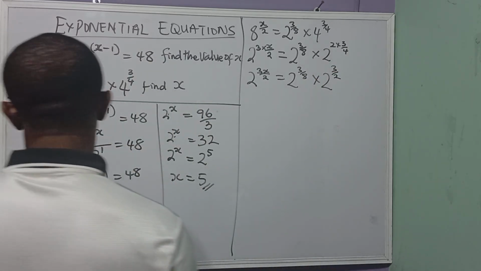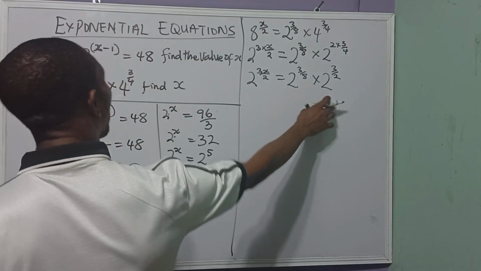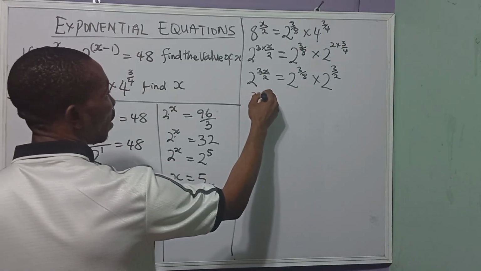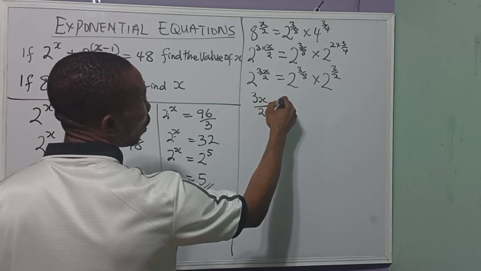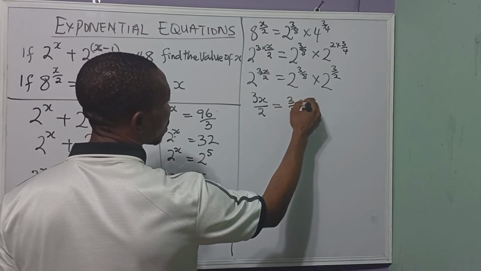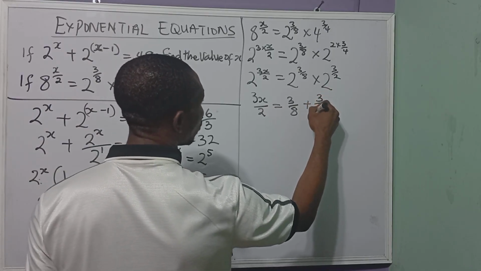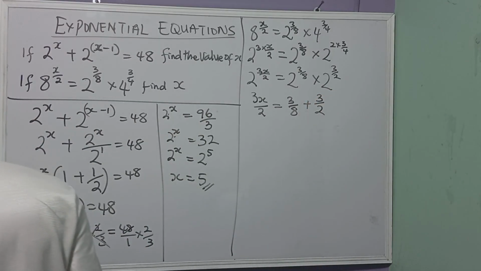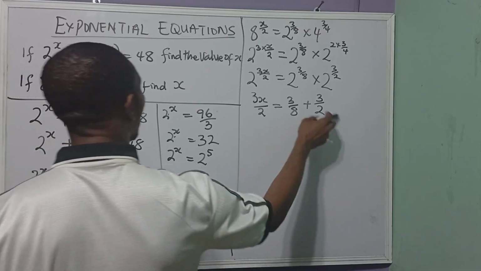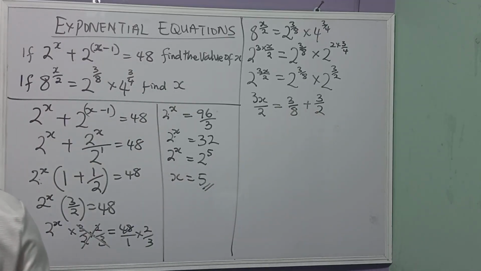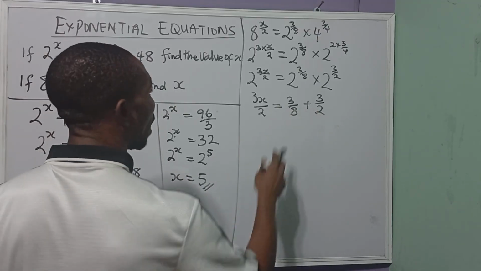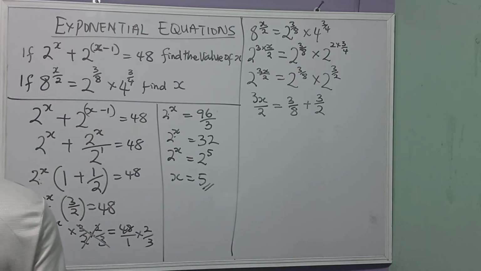Now equating our bases, we have 3x over 2 equals 3 over 8 plus 3 over 2. Now we can add this up and find our value. Our LCM here will be 8.